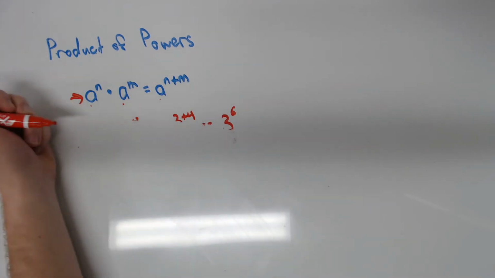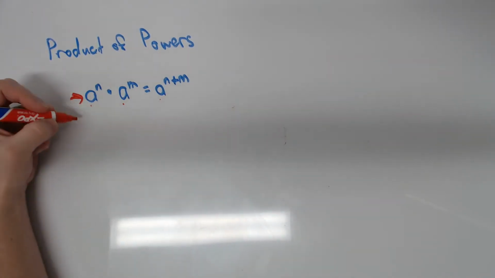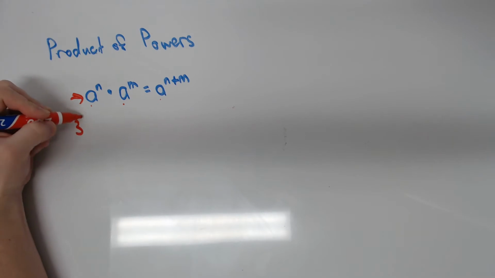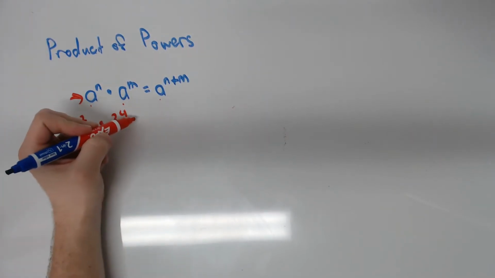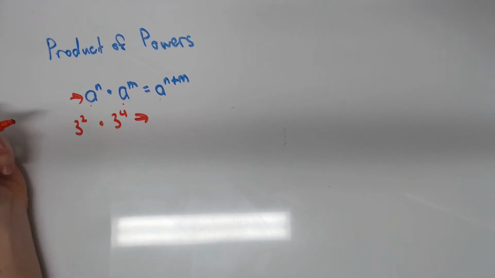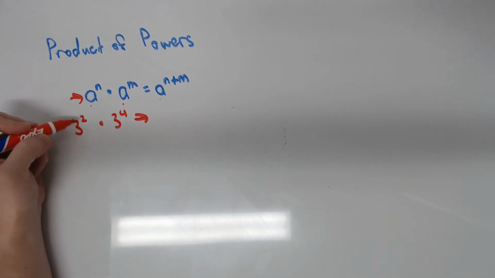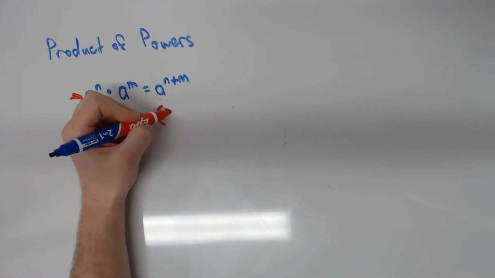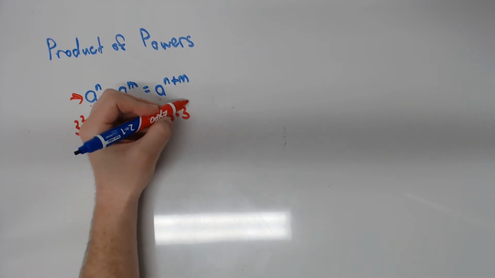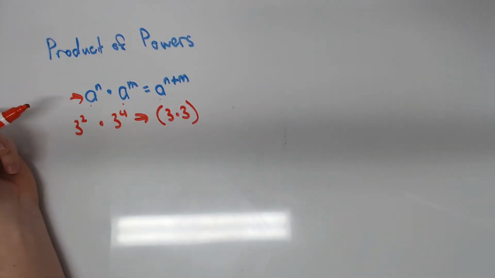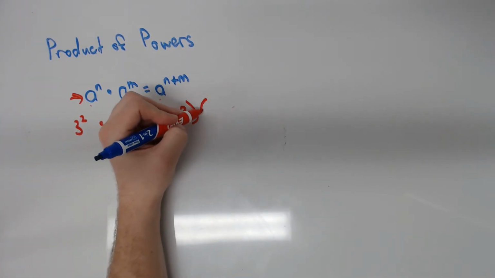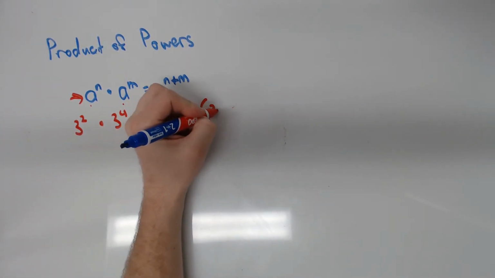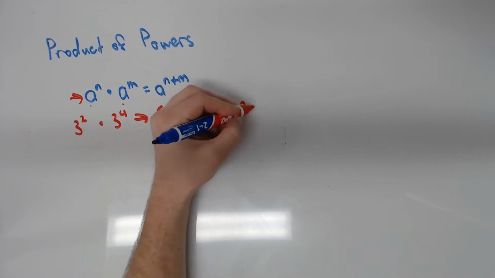So let's actually break this down. If I do that 3 squared times 3 to the 4th power thing, I'm going to expand this out, and this is going to look really familiar by the end of this lesson. 3 squared is 3 times 3, because that's all exponents mean, how many times should I multiply this number by itself. 3 to the 4th power is 3 times 3 times 3 times 3.